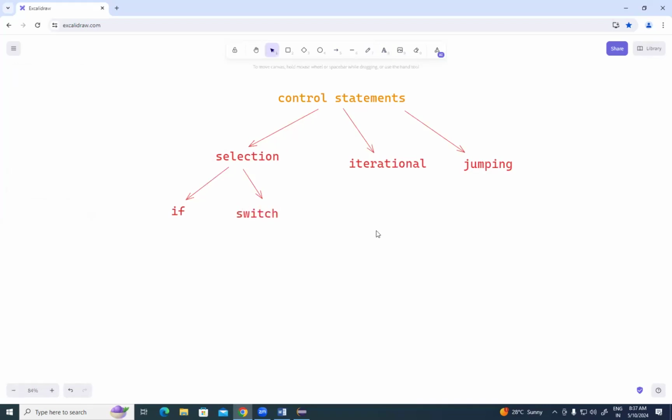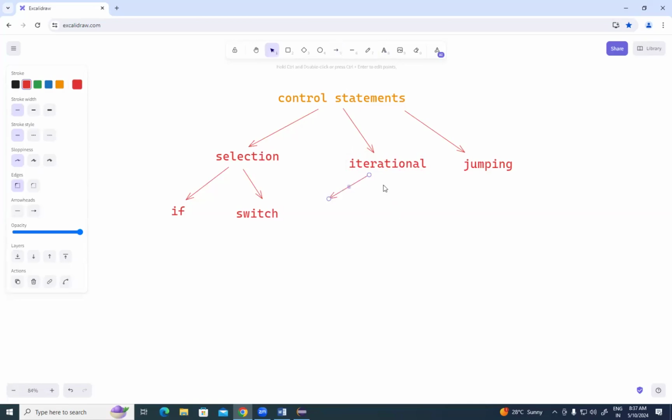When I come to iterational, they are divided into 3. Let me write the names. One is for, the next one is while, then the next one is do while.